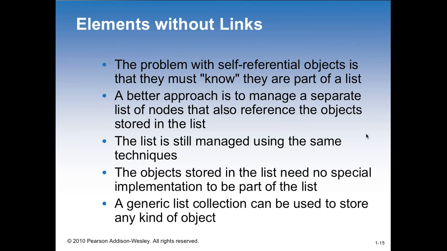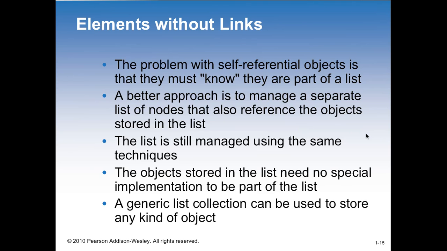Elements without links. We can have tons of elements without links, and we can add them in easily. Can't have that in an array. In an array, you've got 1 through 100 or so elements. If it's not in the array, it's not in the array. In a linked structure, you can have objects all over the place and mix and match objects, and put new objects in, take objects out.